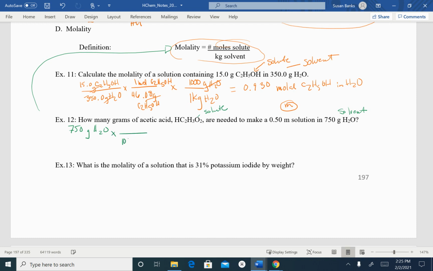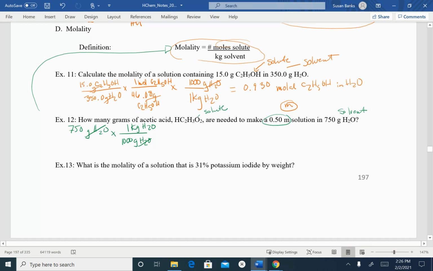So I have 1,000 grams of water in 1 kilogram of water. Okay, so my grams of water cancel out. I do have kilograms. Now, remember using our concentration to use the units to cancel things out? What does this molal concentration tell us?